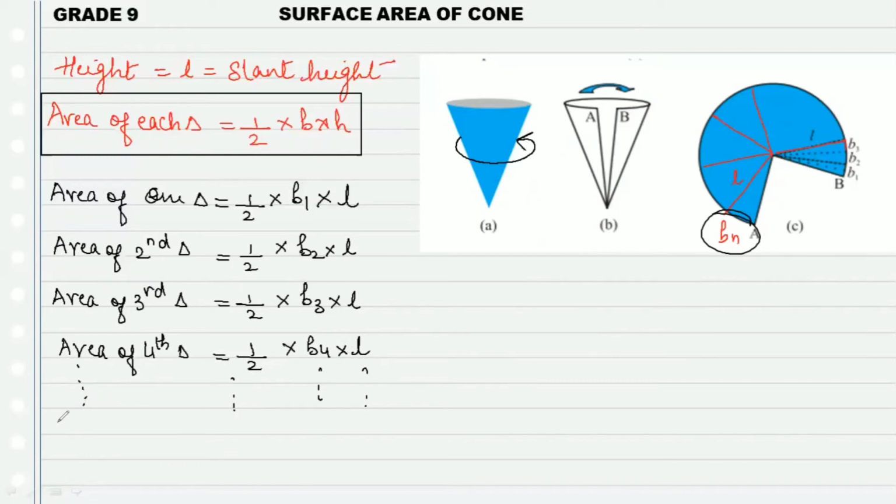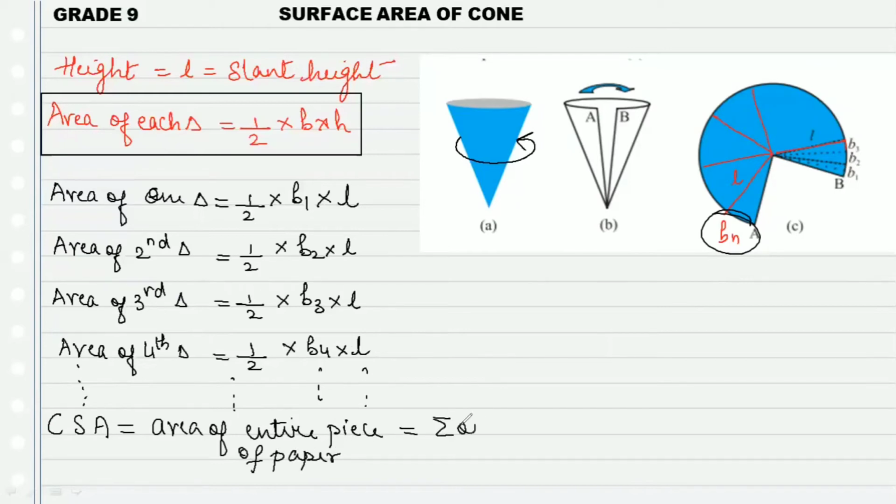So if we have to find the CSA, that is curved surface area, which is actually the area of the entire piece of paper, isn't it? So which is actually again the sum of areas of all triangles, isn't it students?